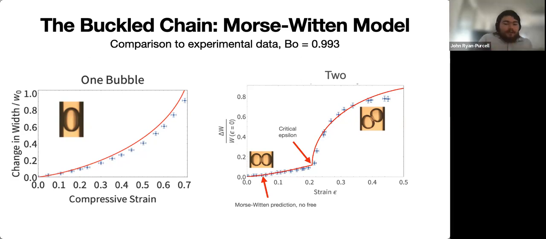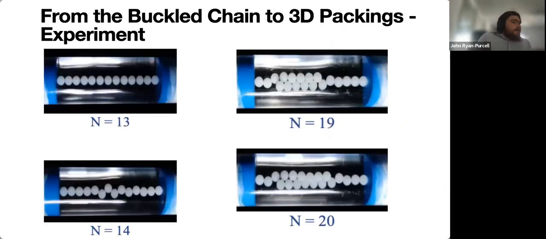To move on to these 3D packings, we need to understand how we must apply this Morse-Witten model, or how these structures do evolve into these 3D packings. So here are some images prepared by a member of our group, Ali Iranijad. So Ali's tube, and this is an example of the lathe experiment again, where we have spheres of a high density surrounded by fluid.